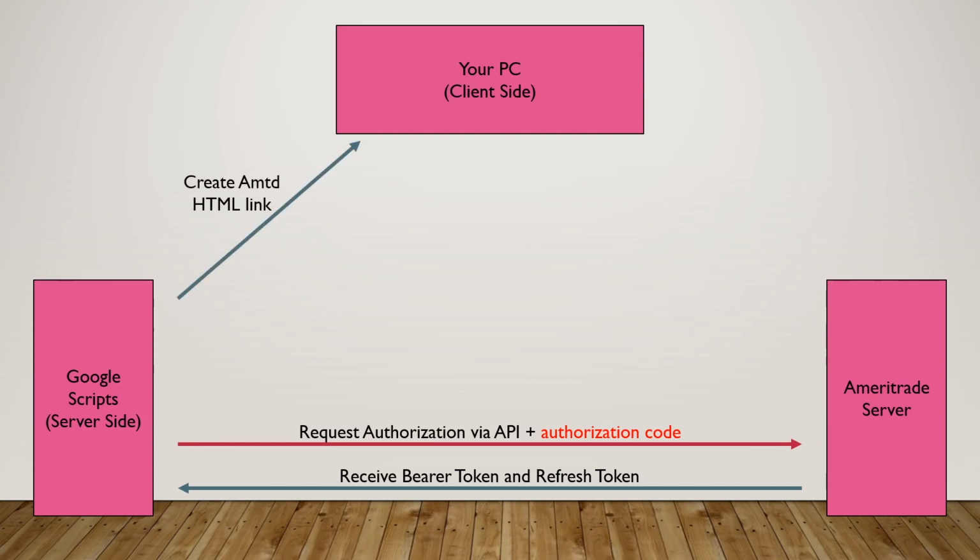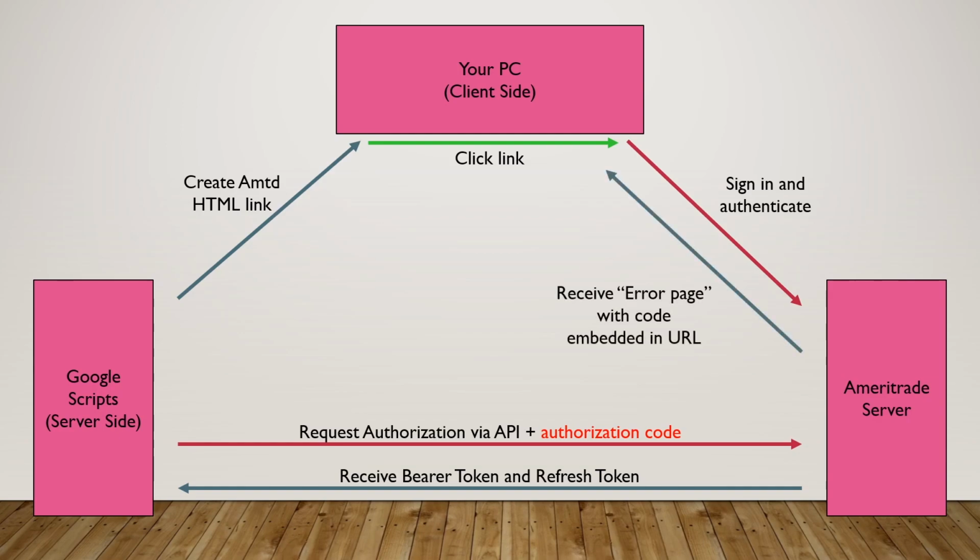So Google Scripts can create an HTML link that points to the Ameritrade sign-on page. Okay, you, the user, would then click that link, which would go into Ameritrade, where you can sign on with your password and your authentication.